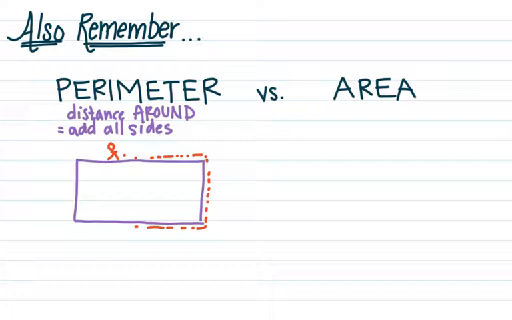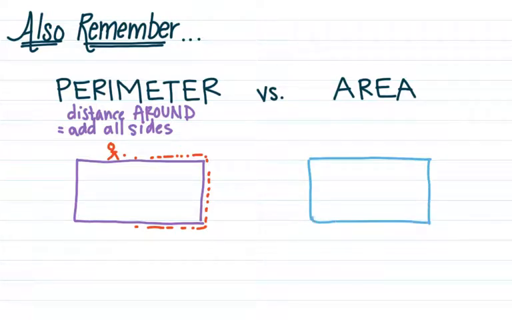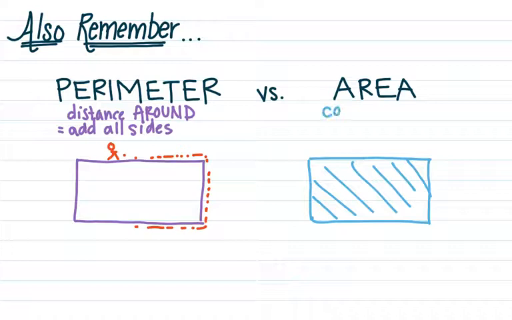Now let's talk about area on the other hand. So imagine we have some square or rectangle shape again. And let's say it's a room and we want to put carpet in the room. Or it's a field and we want to cover the field in grass. It's talking about the covering of the shape. Cover the shape.